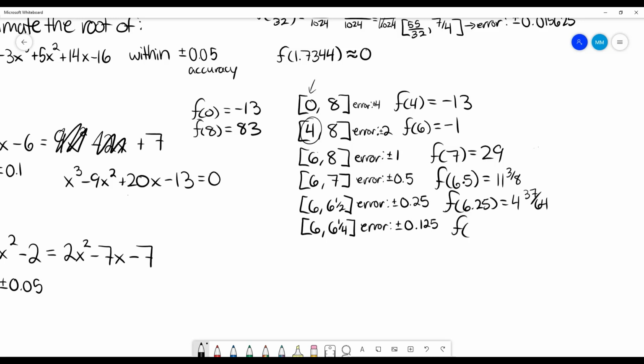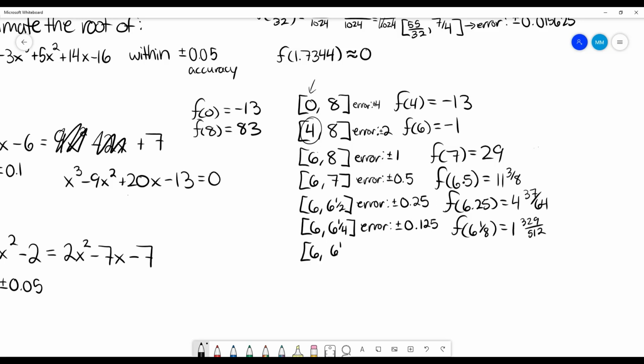So now plug in 6 1/8, which is 6.125. Plus 20 times that minus 13, which gets us big fractions now. That's still positive.